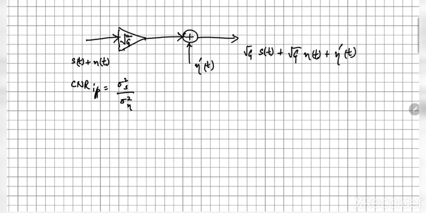And now if we want to write the CNR at the output of this block, we can see that the signal power now is basically G times sigma square S, and the noise power is G times sigma square eta plus the power of this noise, which we call sigma square eta dash.